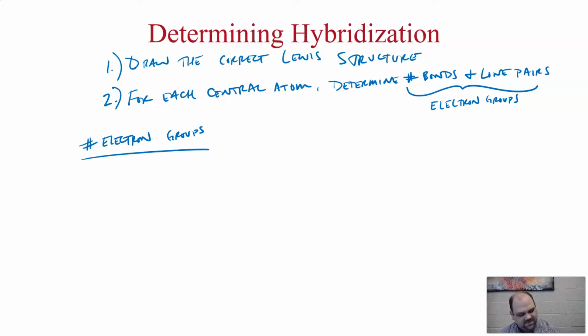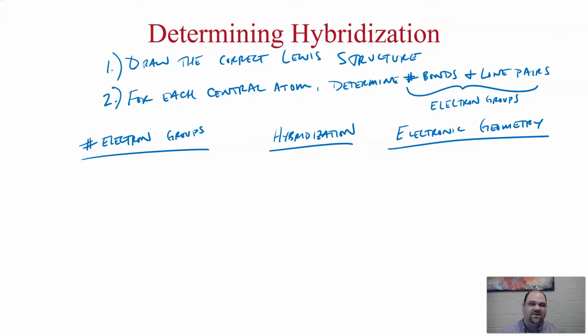Here, I'm going to make a little table: the hybridization. And then I'm going to tie it back to our electronic geometry. Okay. Now remember, this is not necessarily our molecular geometry, but our electronic geometry. And so if we have two electron groups, we just saw that with sp hybridization, then our electronic geometry, we said that was linear.